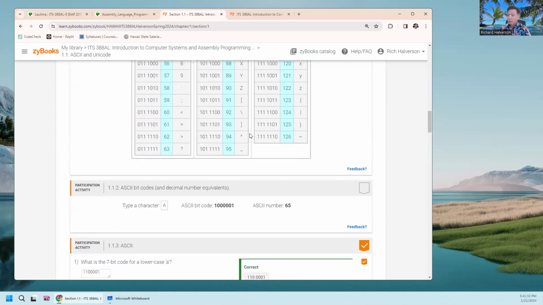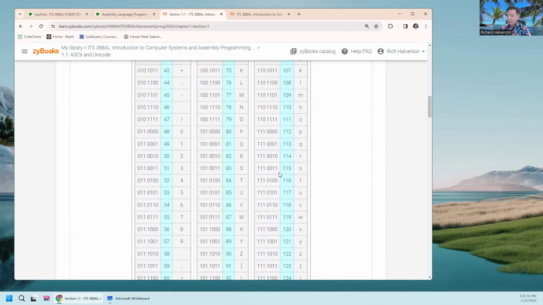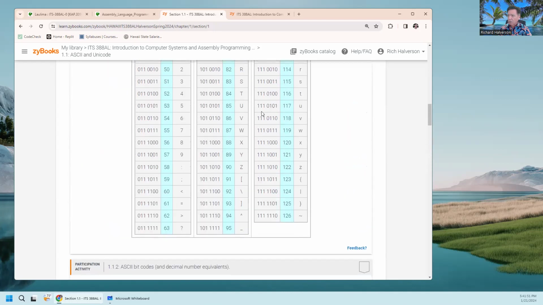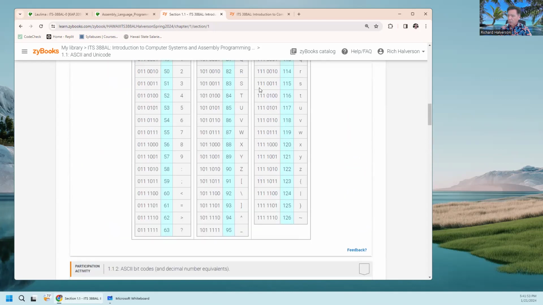So what's a lowercase s? Is this 1110011?